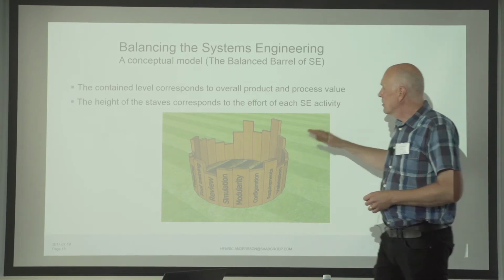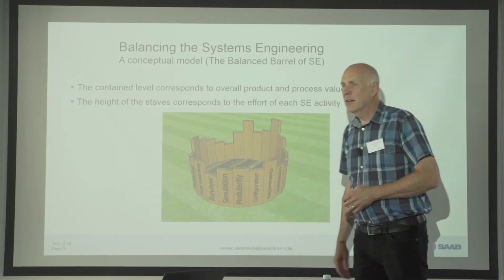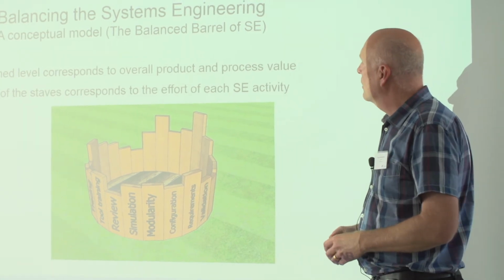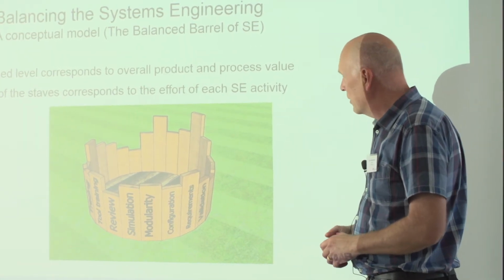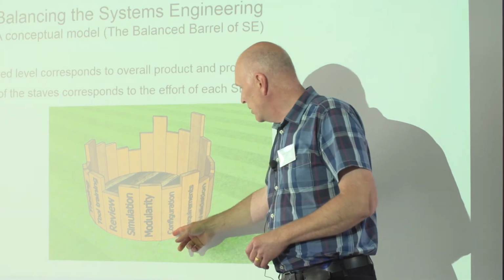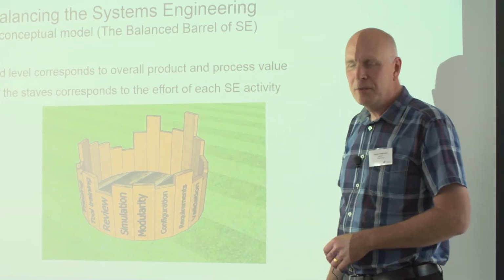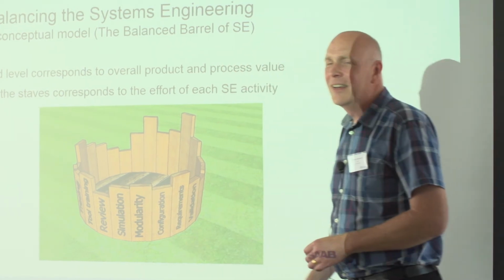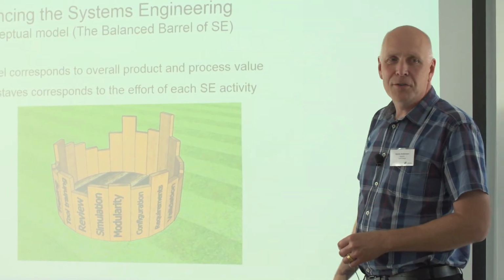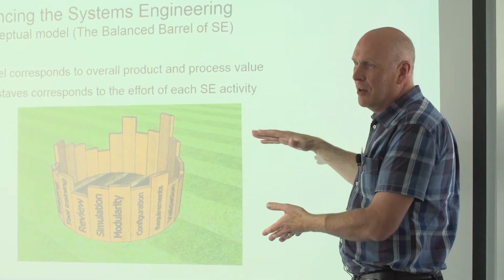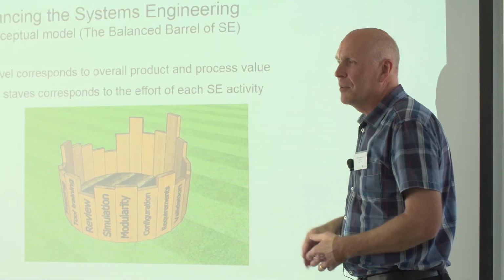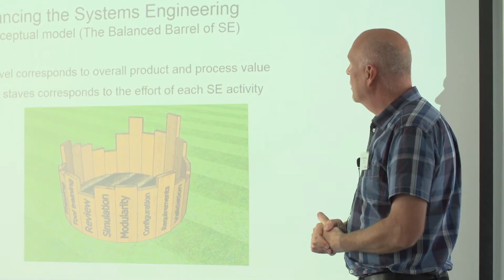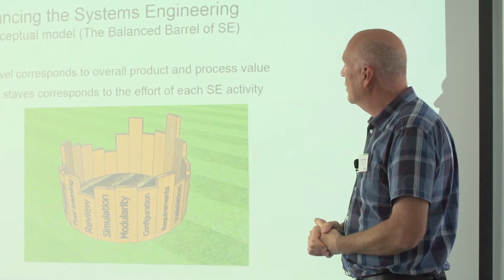So the shortest stave decides what the performance of our system is. If we fail to have good configuration control, for example, it will in the end show us that here is where the water or the wine disappeared from our system, and we cannot earn money, we cannot get the performance or the quality of the system that we had as a goal.